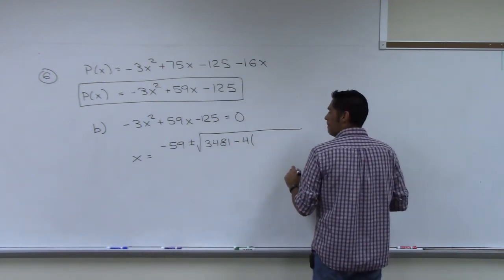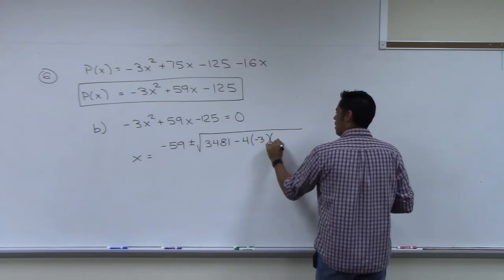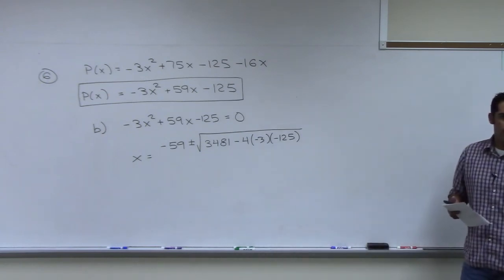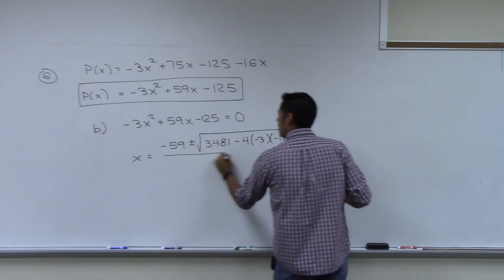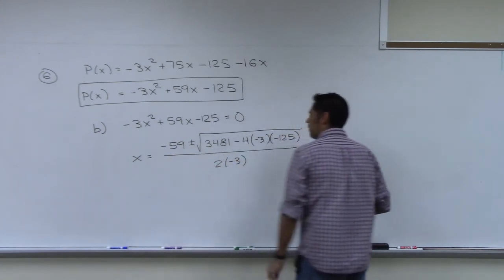Negative 3 times what? Negative 125, right? 4 times A times C. All of this divided by 2 times negative 3.